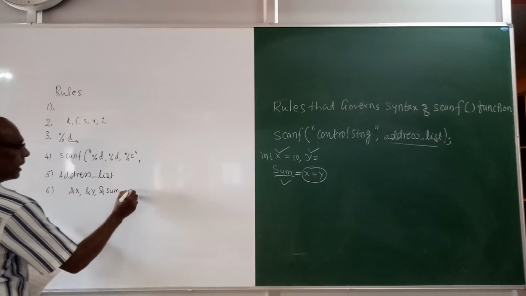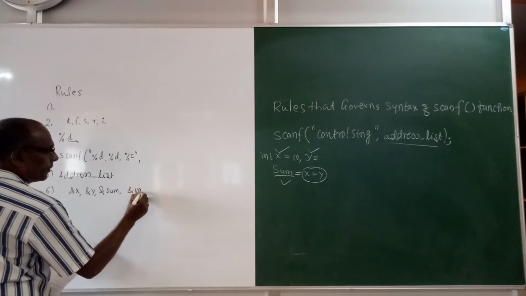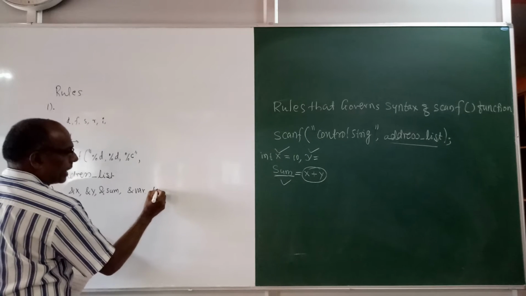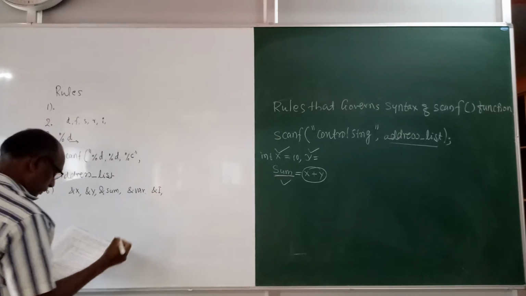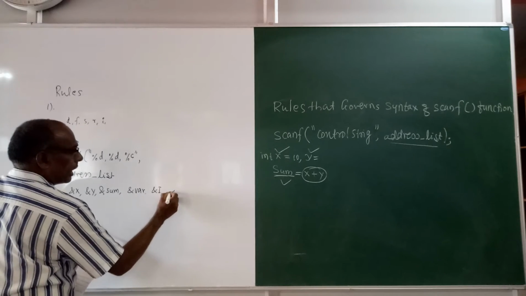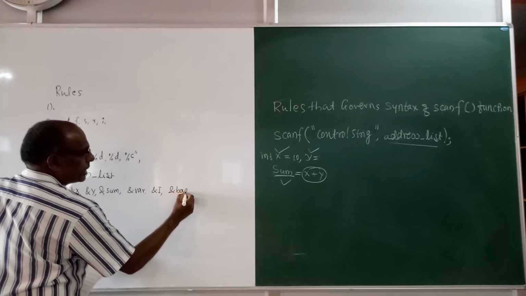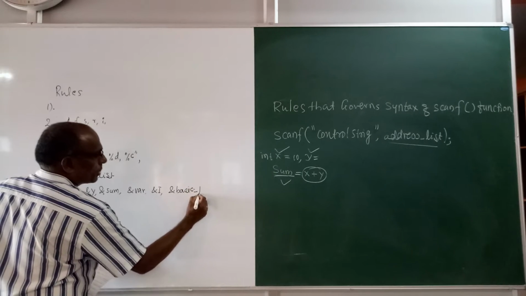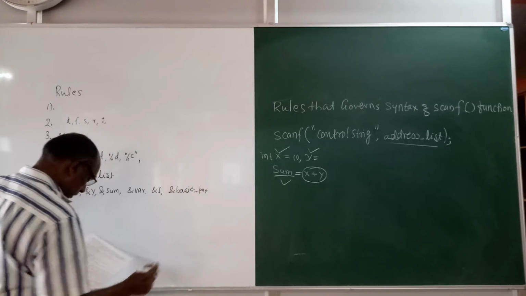Say for example, add variable, this and r. This is how we should write. Say &basic pay. You can write &basic pay.